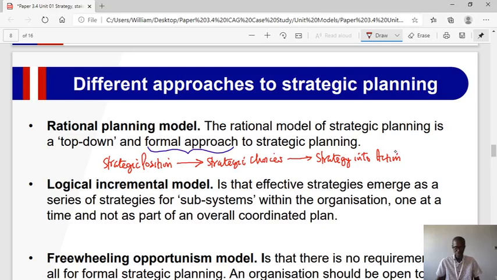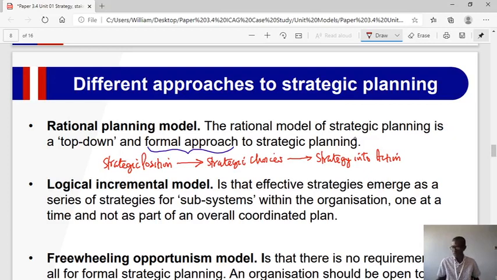Different subsystems may have their own strategies within the organization, one at a time, and not as part of an overall coordinated plan. Because if it is part of an overall coordinated plan, then it becomes a rational planning model. But in this one, the subsystems have their own strategies using the principle of the former approach, but it is not part of an overall coordinated plan.